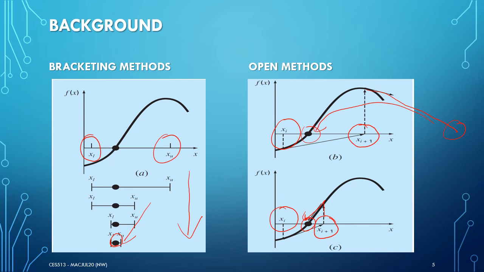So this time, it actually converges more quickly compared to the bracketing methods process.